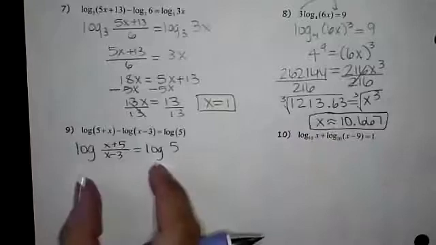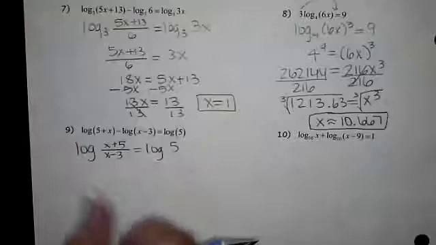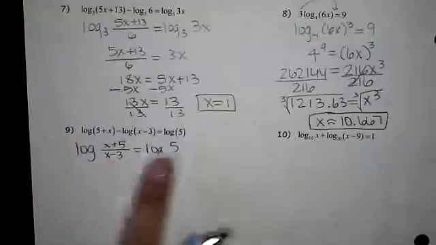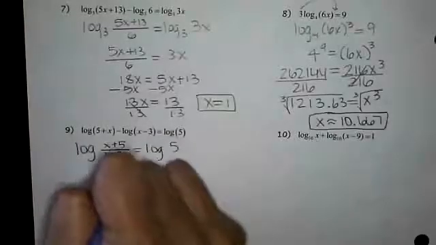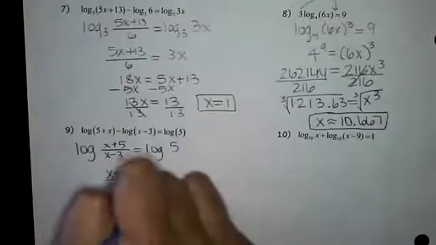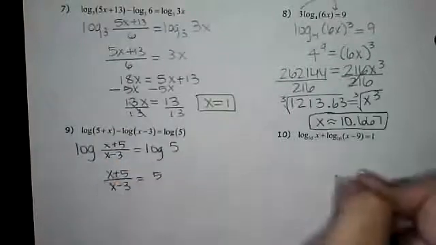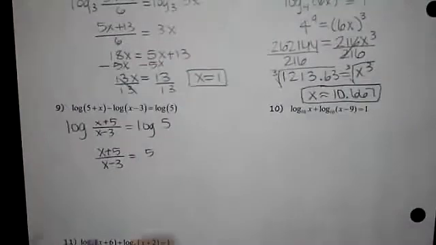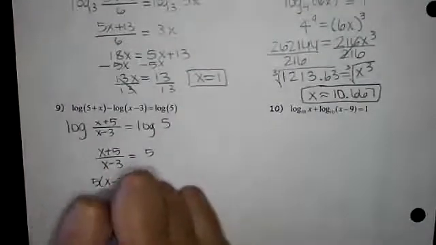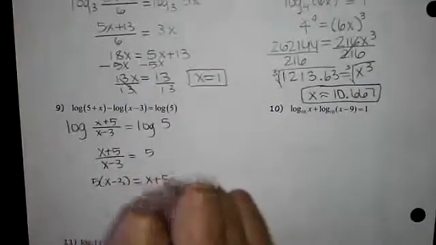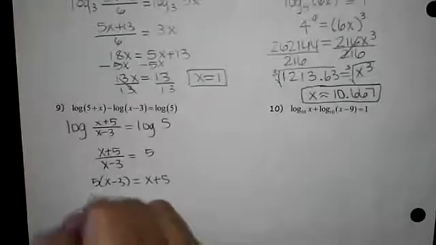Now that we have the same log on each side of the equal sign, and it's just a single log, we can go ahead and set each argument equal to each other. So x plus 5 over x minus 3 is equal to 5. We cross multiply, so we get 5 times x minus 3 is equal to x plus 5. We distribute.